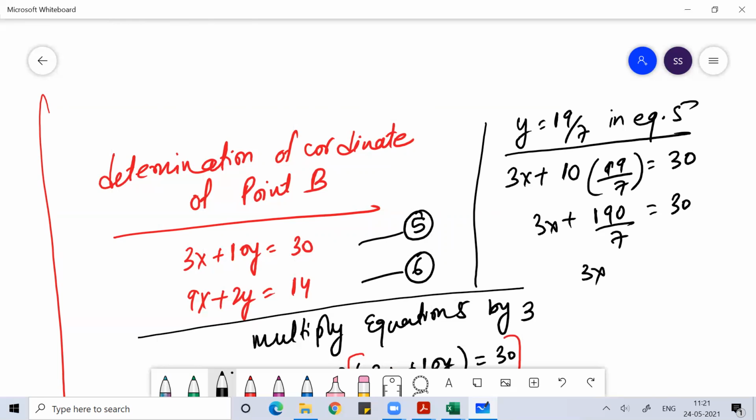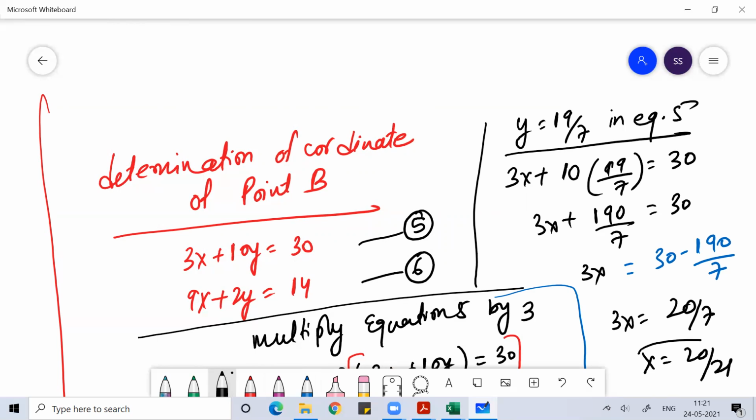So 3x is equal to 30 minus 190 by 7. So 3x is equal to 210 minus 190, means 20 by 7. So x is equal to 20 by 21. You get the x value as 20 by 21 and y value 19 by 7.